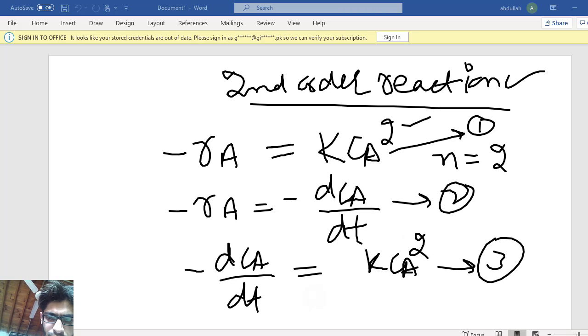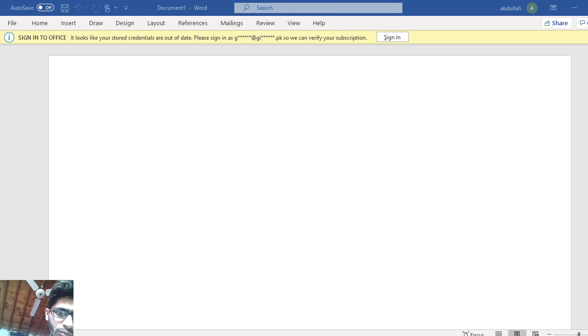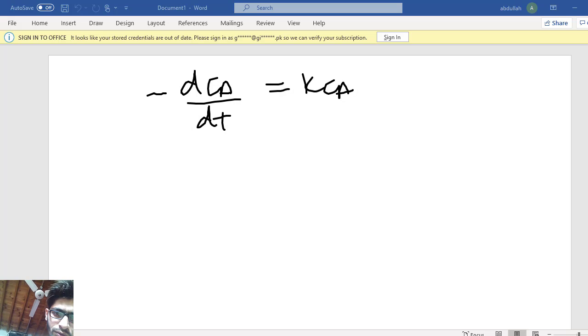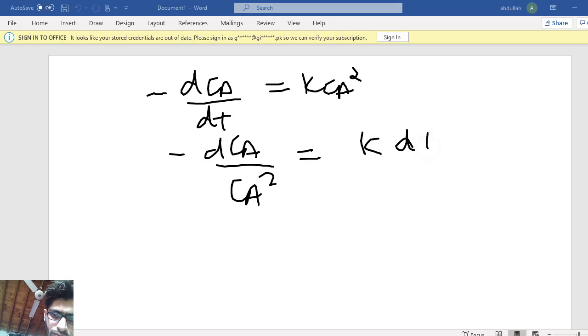Now integrate equation number 3, which is minus dC_A divided by dt is equal to k C_A squared. Rearranging this equation, we get dC_A divided by C_A squared is equal to k dt.